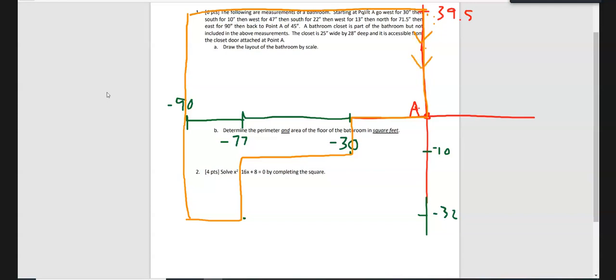So when they're saying go back south like this, back to point A, and then they said 45 inches. Well, this side length over here is not 45 inches, it's 39.5 inches. So I'm like, why are they saying 45 inches? I don't know.